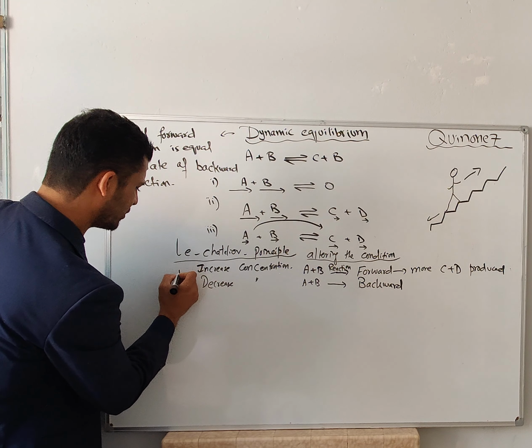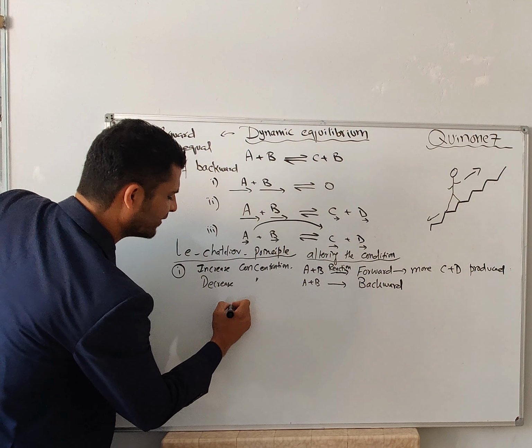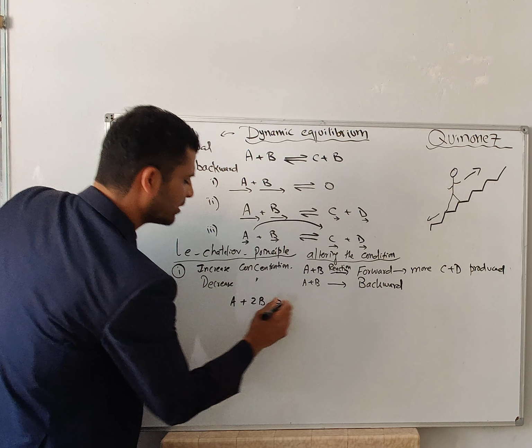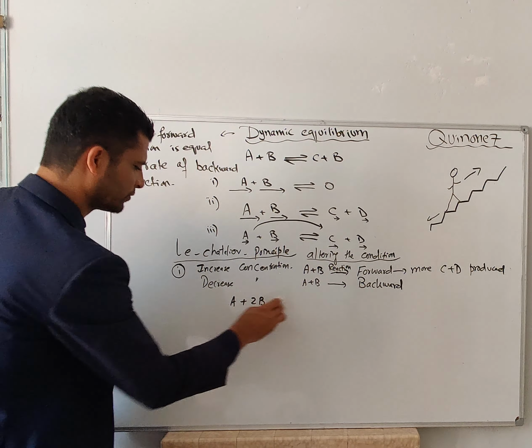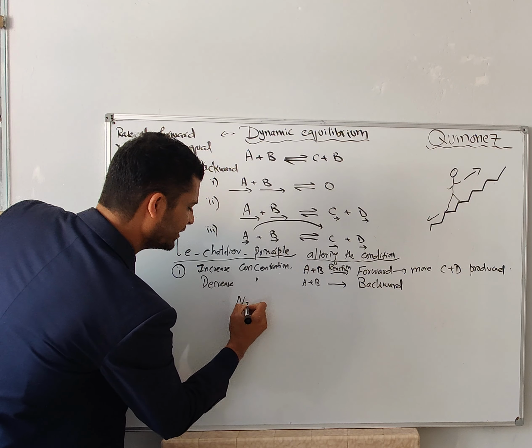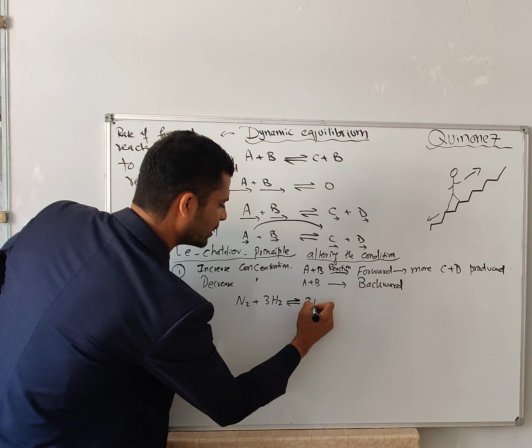The second part of Le Chatelier is, for example, let me take a real example rather than just playing with the alphabet. You have nitrogen reacting with hydrogen and producing ammonia.